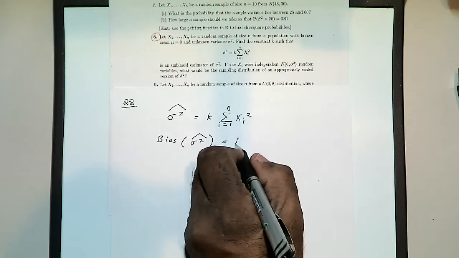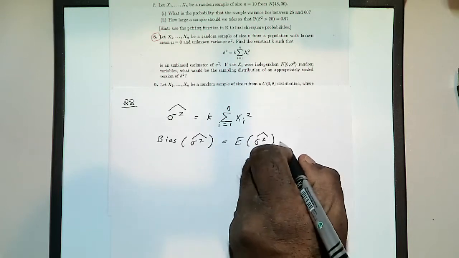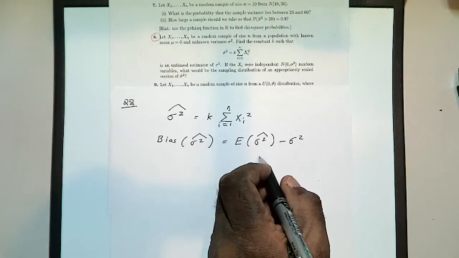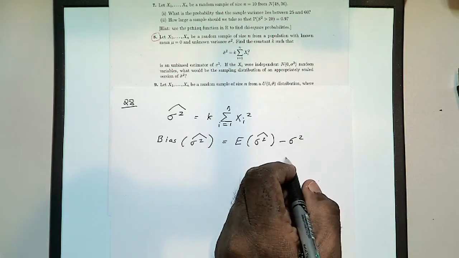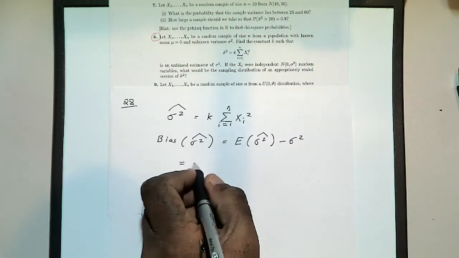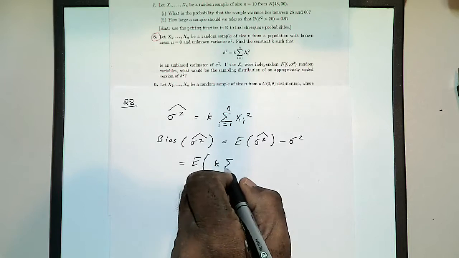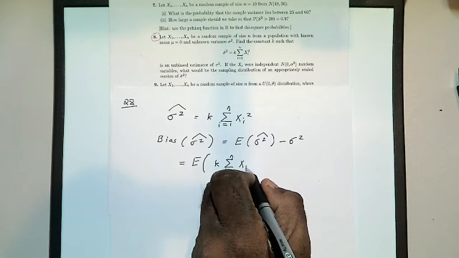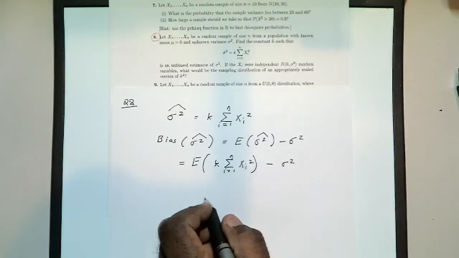remember the bias is defined as, the definition of bias is simply the expectation of the estimator minus the parameter that you're trying to estimate, right? So this will be, yeah.